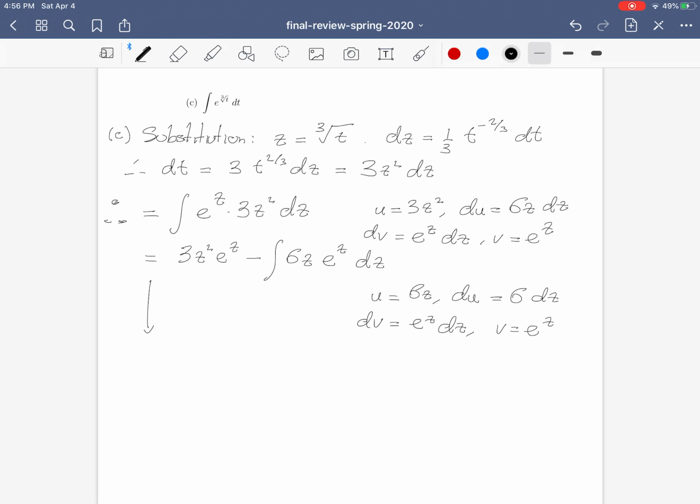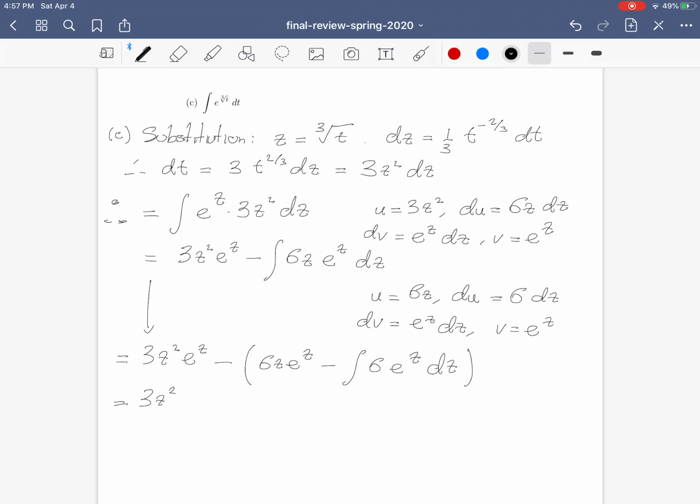So I'm going to move down here. So now I get 3z squared e to the z minus, okay, so now I have my by parts formula, so that's uv, which is 6z e to the z, minus the integral of v du. du is 6 dz, and v is e to the z, so I get 6 e to the z dz.